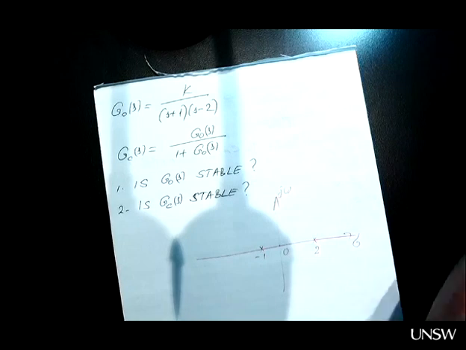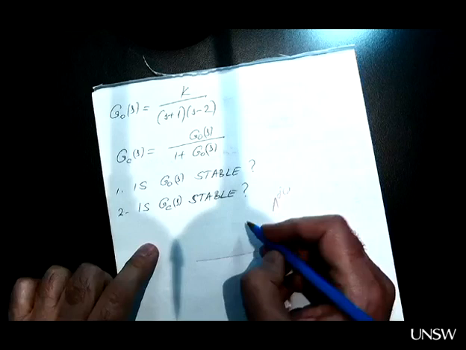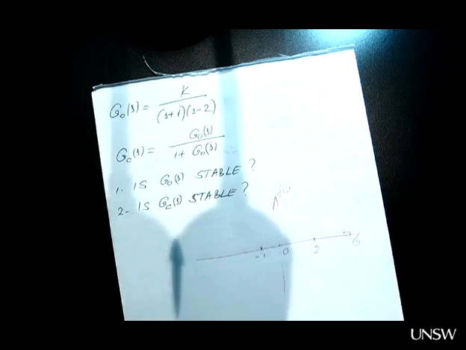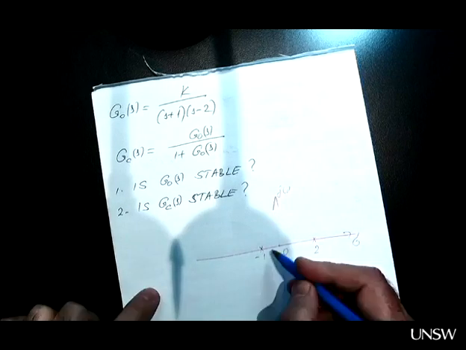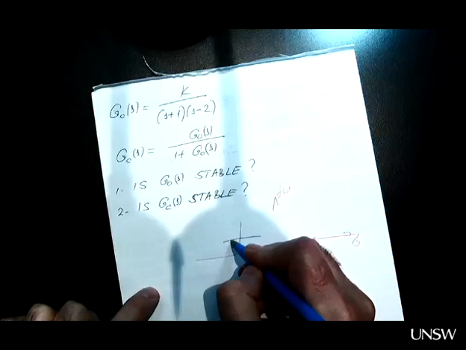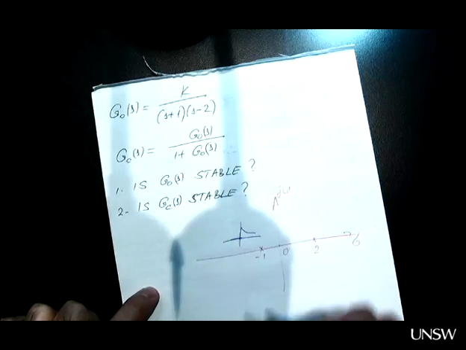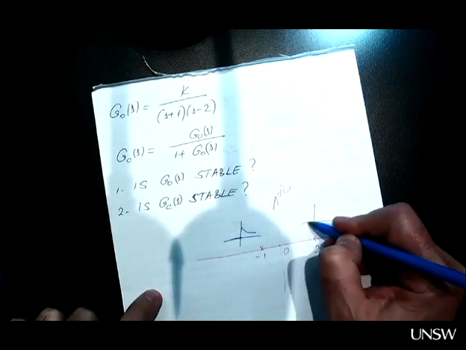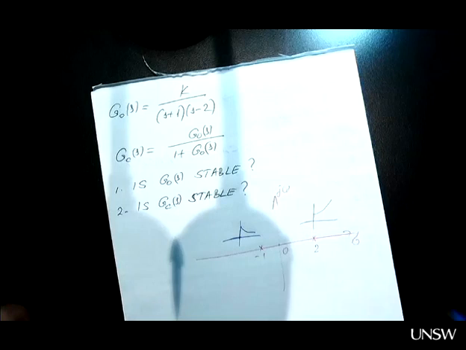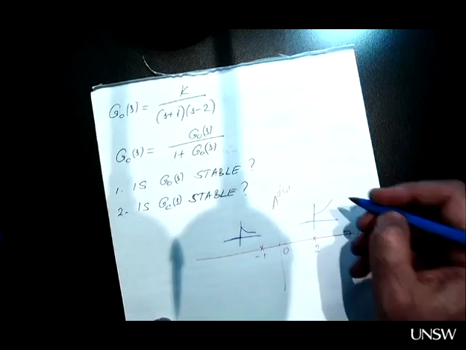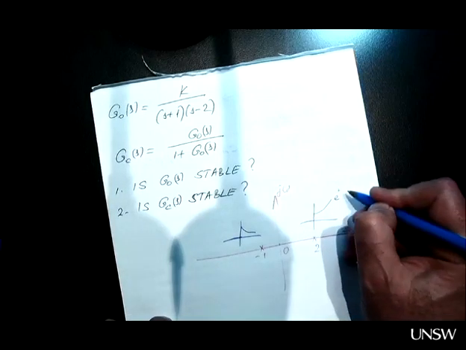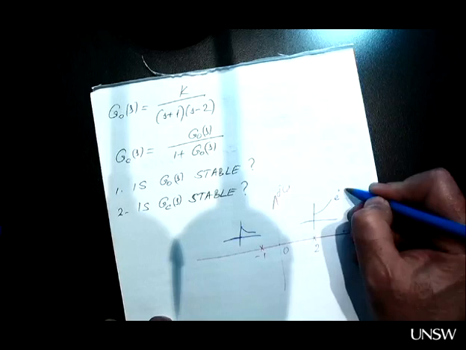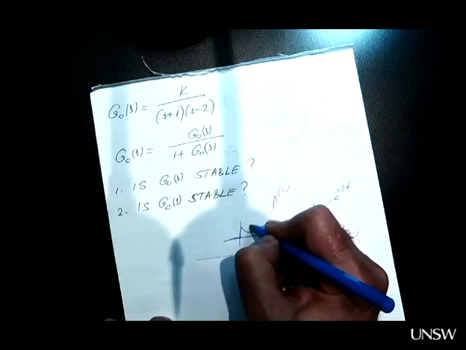So just in case, if you separate these two poles into two subsystems, this one will give you a response like this, so exponentially decaying curve. But this one will give you a response like this, because here you have e to the power of plus 2t. Here you have e to the power of minus t.